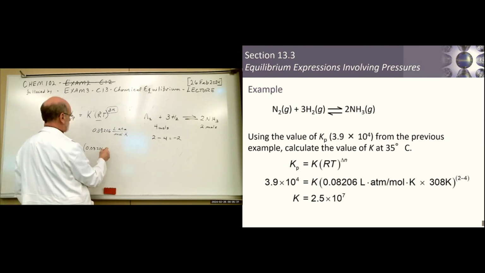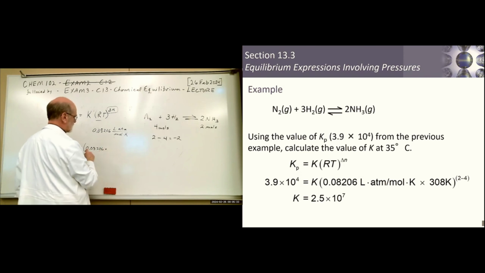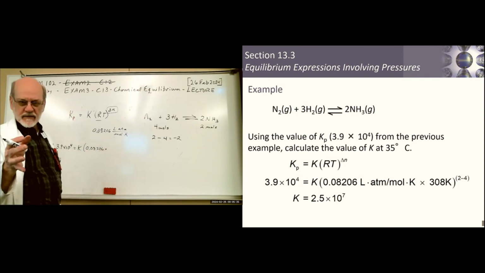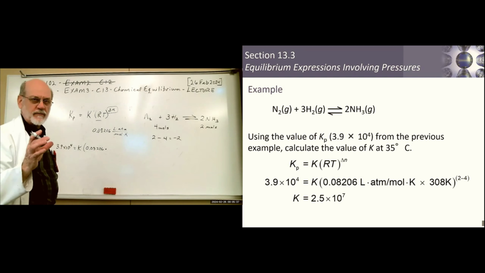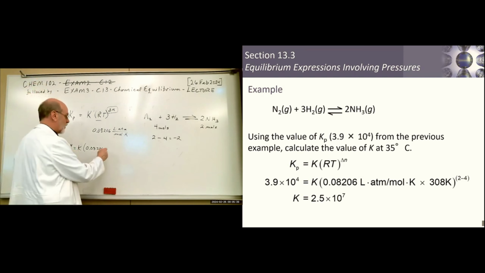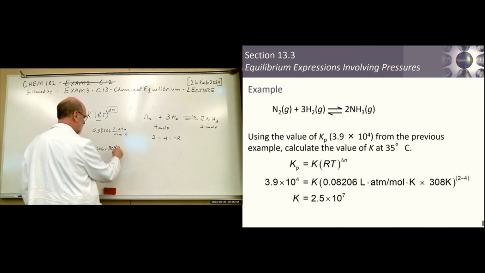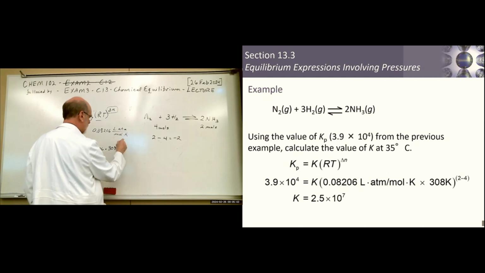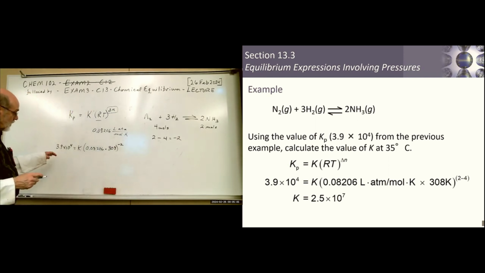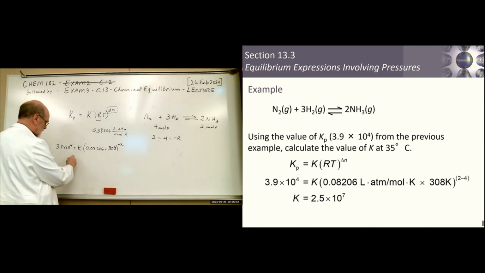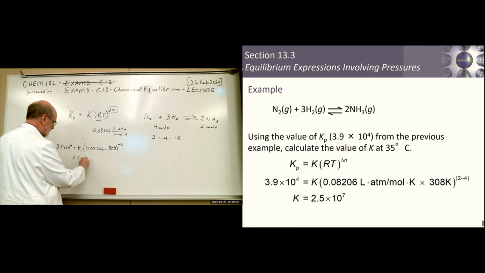And this is times temperature, which they gave us as 35 degrees. So 35 plus 273 is 308. And this is raised to the minus 2 power. All right, so now all you have to do is solve for K. And K turns out to be 2.5 times 10 to the 7th.